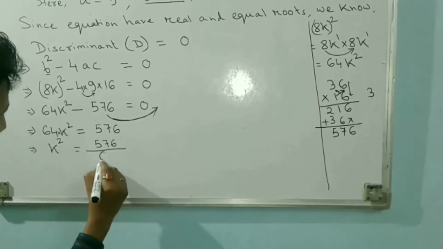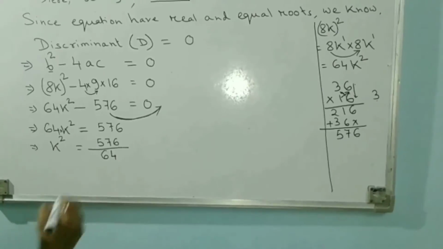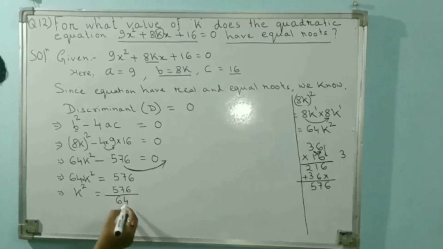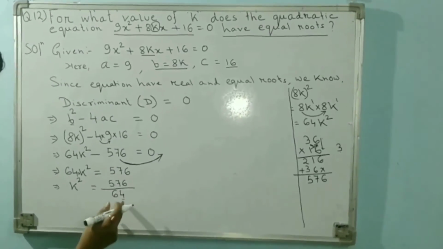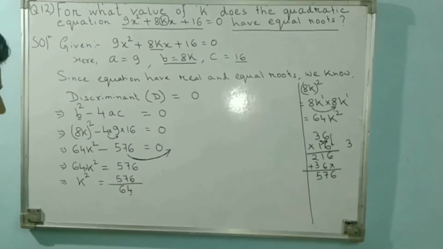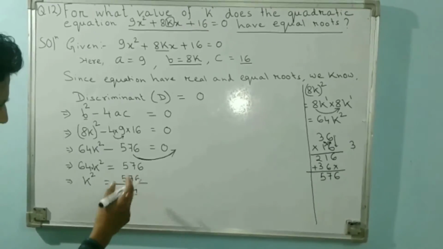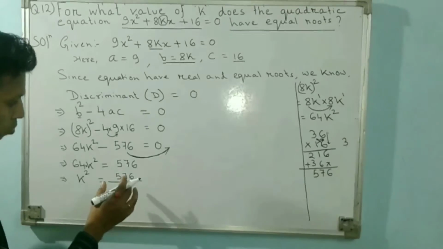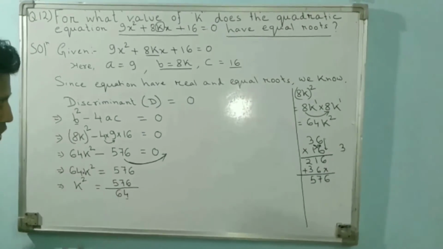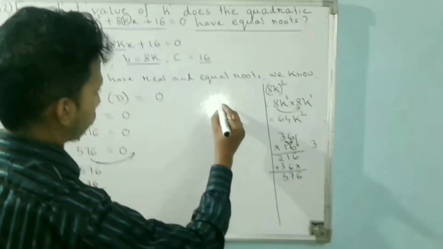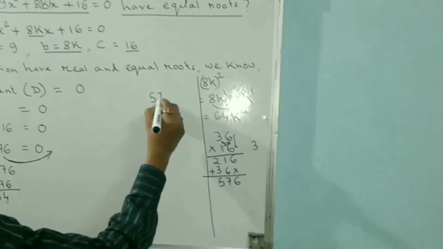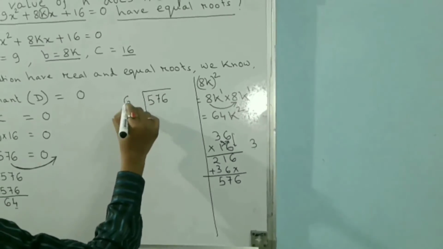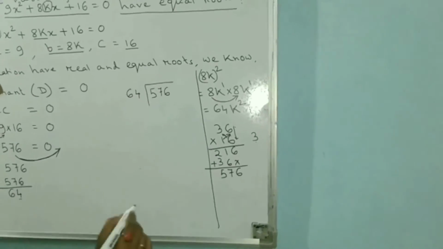576 divided by 64. If you want to cancel, here you can see a number is 4, here a number is 6, so you can divide both numbers by 2. Well, before dividing in that way, let me show another way also. 576 divided by 64 is very easy to find.